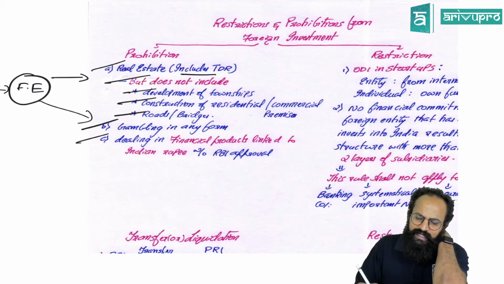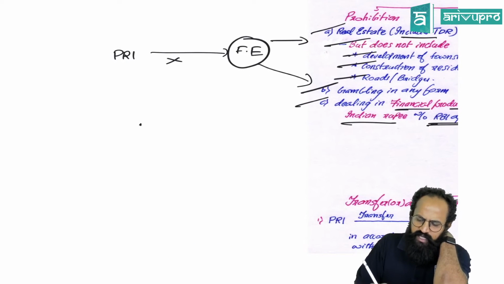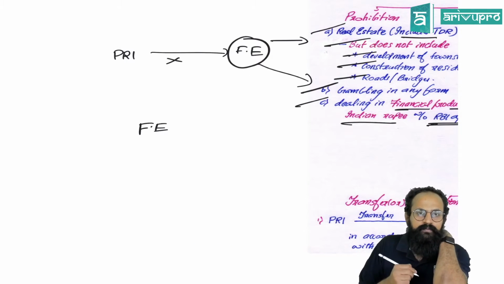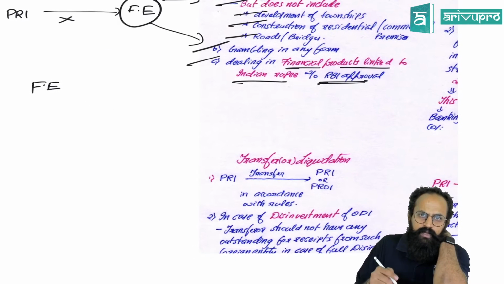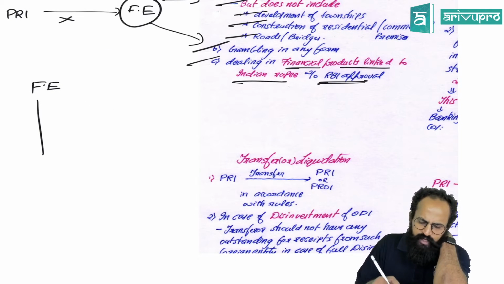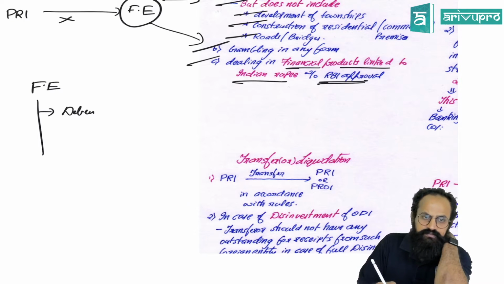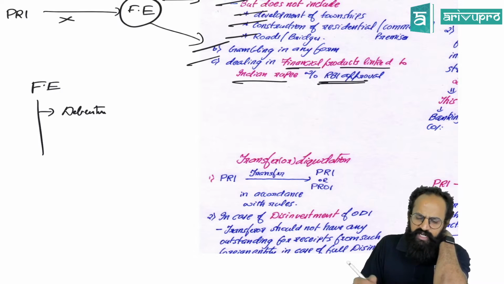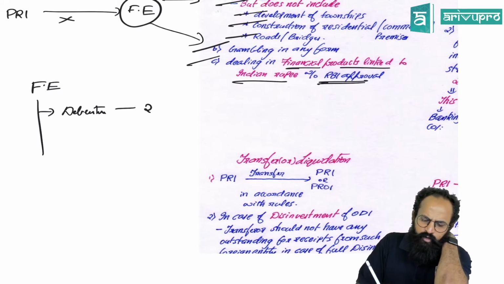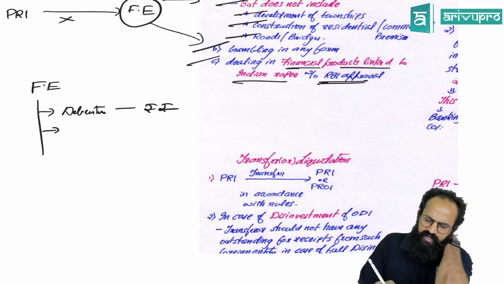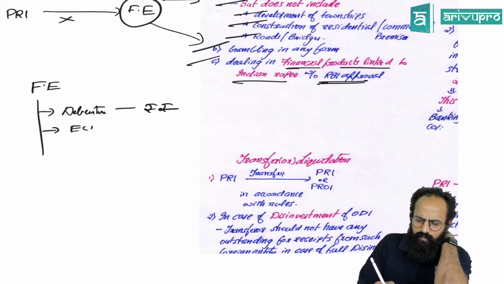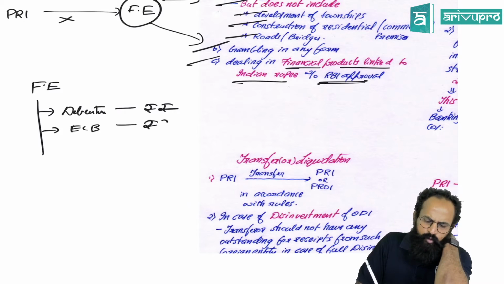Third one, dealing in financial products linked to the Indian rupee without RBI approval. Imagine a foreign entity abroad issuing financial products, meaning debentures, in Indian rupees, or, for example, external commercial borrowings in rupees.